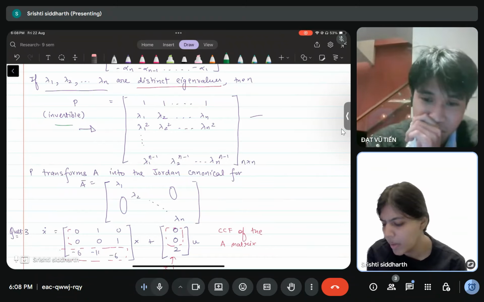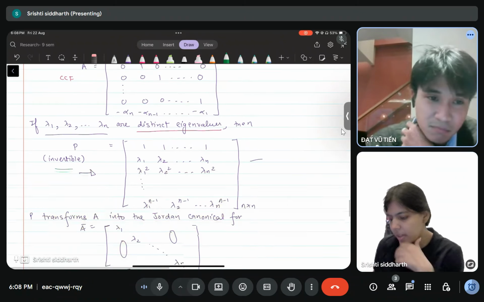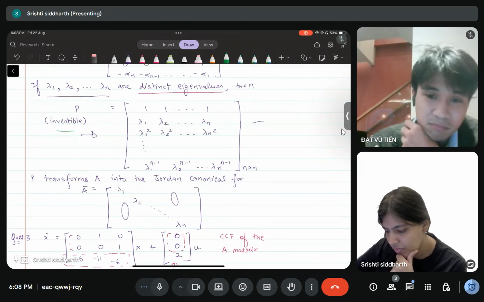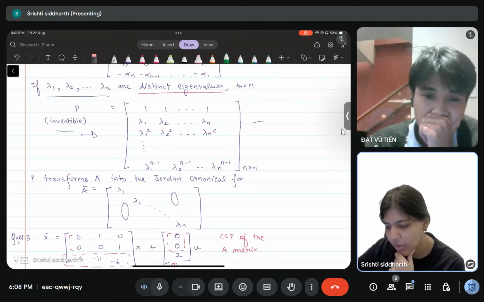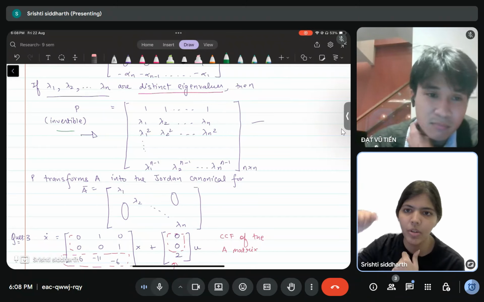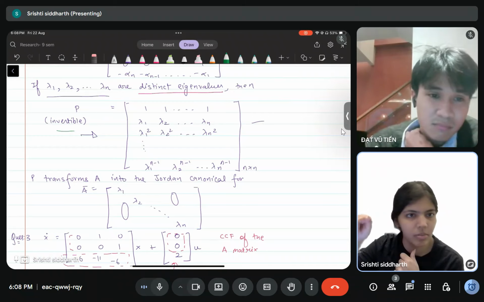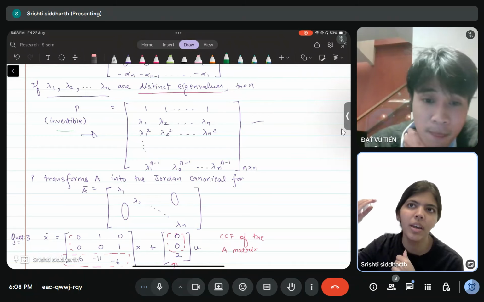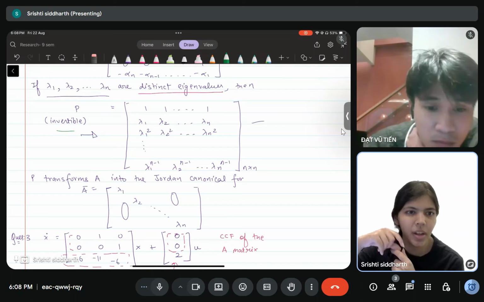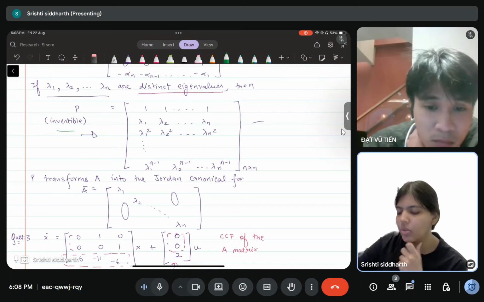If it's complex, I'm not sure actually. Let me think. There are actually many cases. So if it's real and distinct, it's this one. If it's complex, then it's another matrix or another way to solve this. If there are repeated poles, then there is another method. I'll have to think about a source.